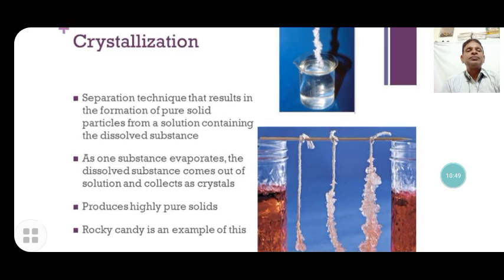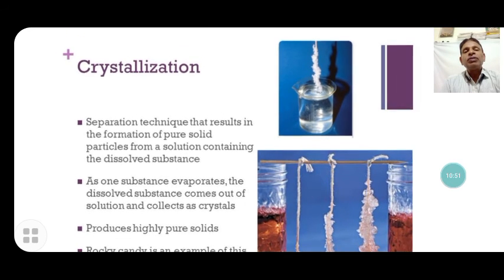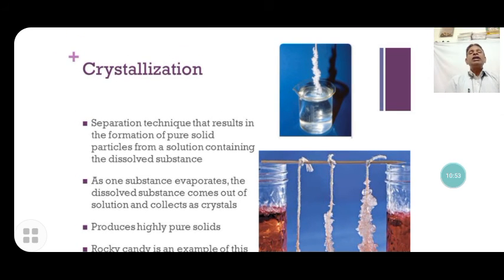Next is crystallization. In this process, the same process is applied as in evaporation and crystallization, but something is different here. It is a separation technique that results in the formation of pure solid. In crystallization, the solid is obtained in a very pure form, as particles from a solution containing the dissolved substance.